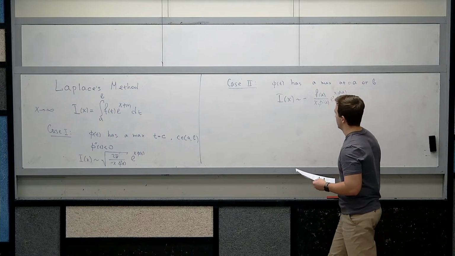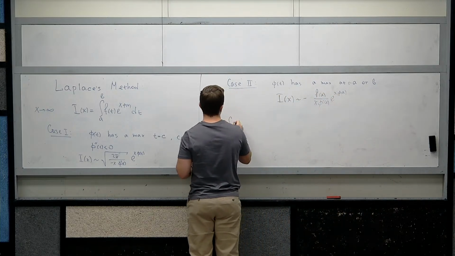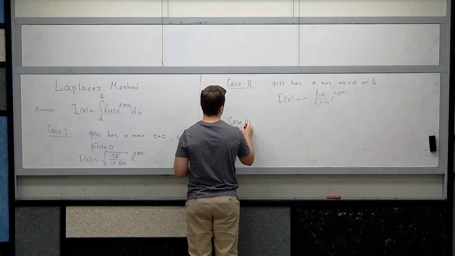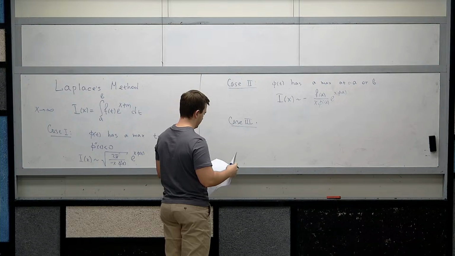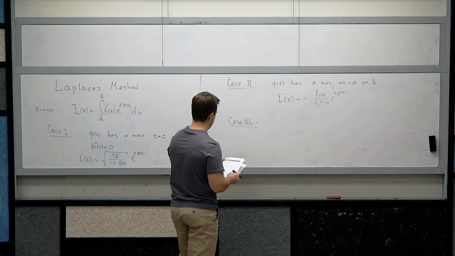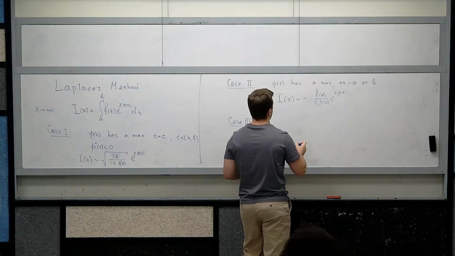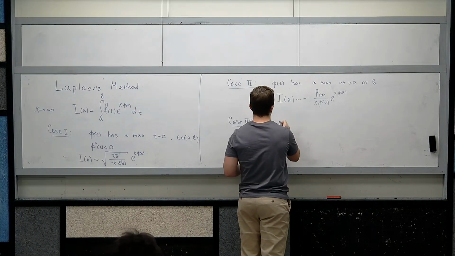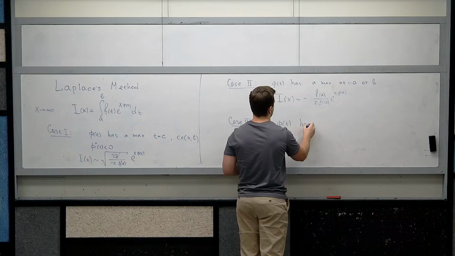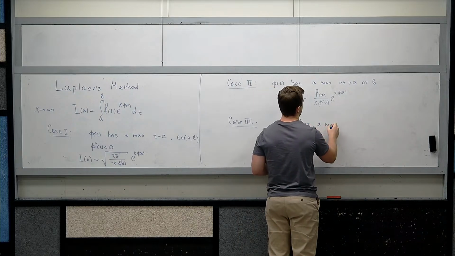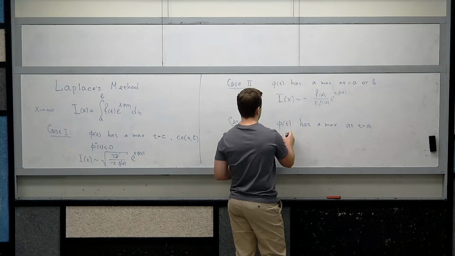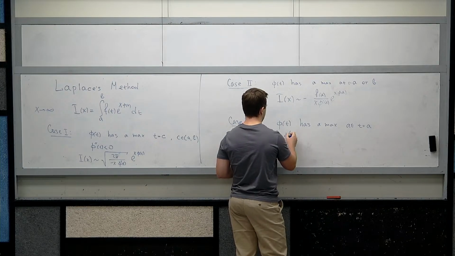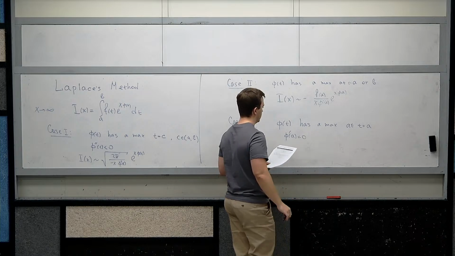Okay, and the last case is when phi of t has a maximum at t equals A, and phi prime of A equals 0.